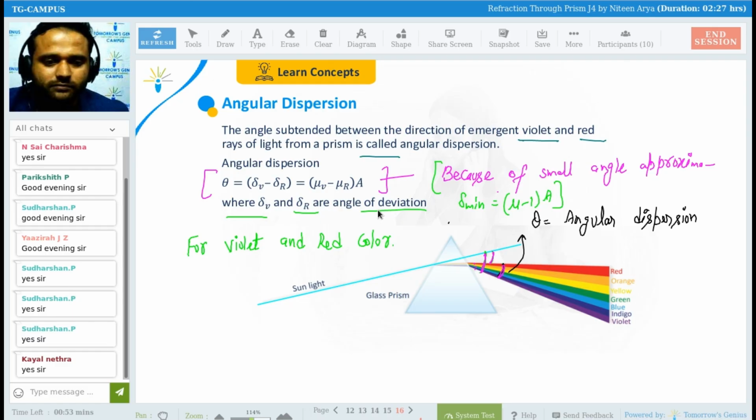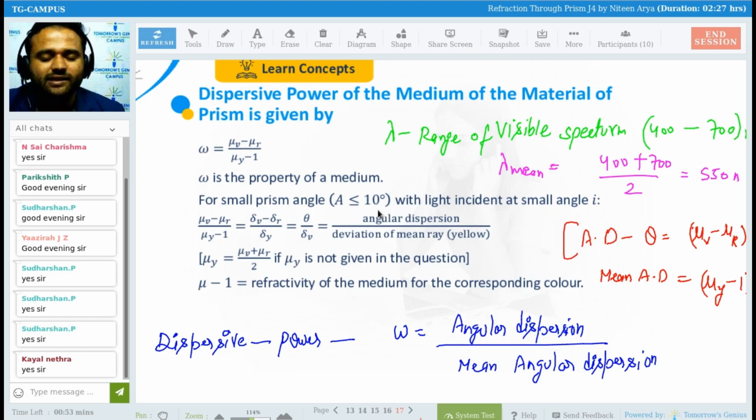The difference of deviation of angle, violet minus red, divided by the mean. And simply in one single sentence, dispersive power is nothing but the ratio of angular dispersion divided by the mean angular dispersion of any particular material of a prism. Clear? For a prism we are talking right now.